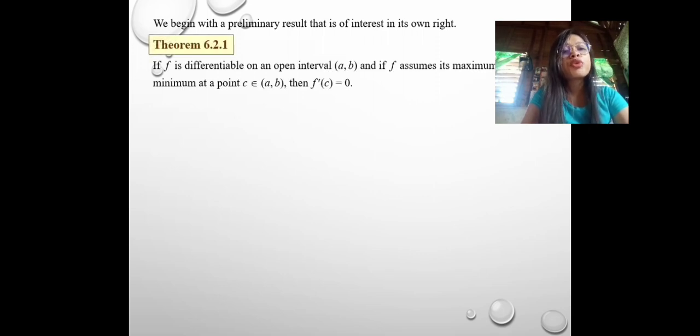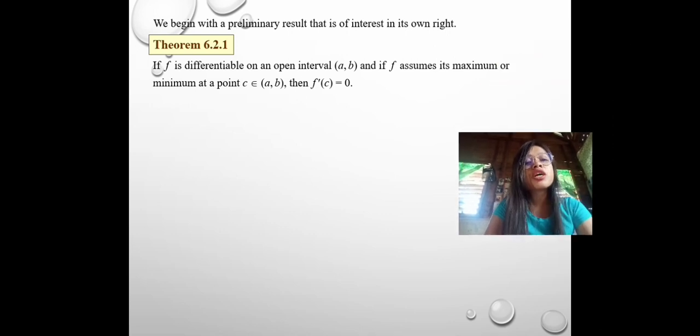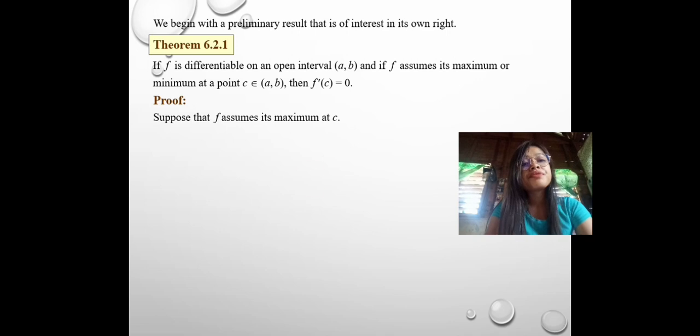Theorem 6.2.1. If function f is differentiable on an open interval (a, b), and if function f assumes its maximum or minimum at a point c, which is an element of the interval (a, b), then f prime of c is equal to 0. Proof.